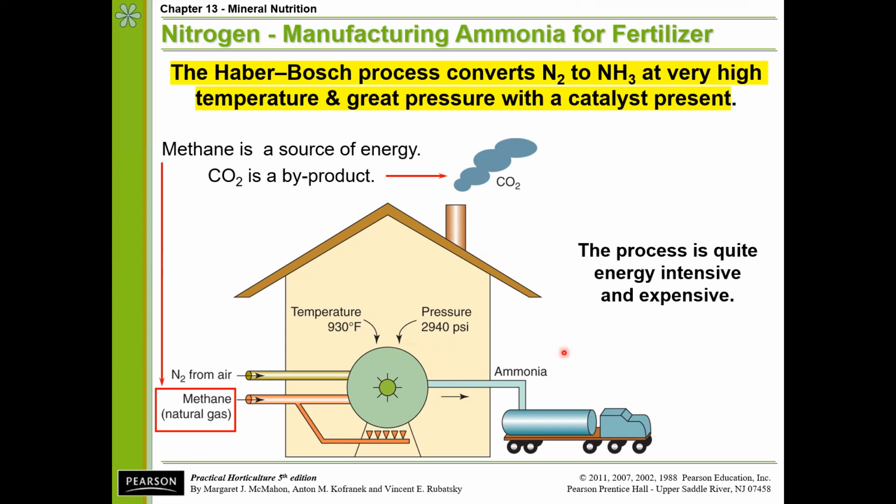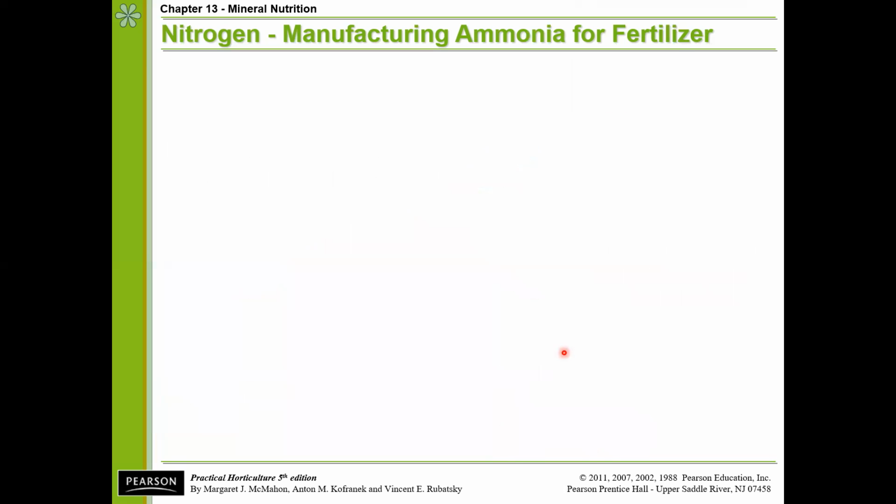And then we use that as a fertilizer. So this is an energy intensive and expensive process, but it is responsible for an extreme amount of the nitrogen that goes into the food supply. They suggest that a high percentage of the nitrogen in the cells in our bodies is actually made through this Haber-Bosch process, the industrial, synthesized fertilizer.